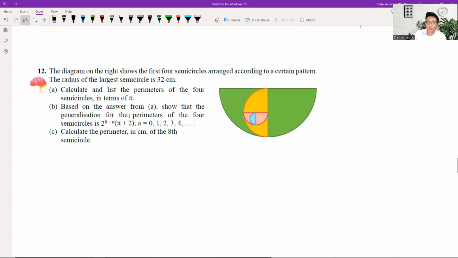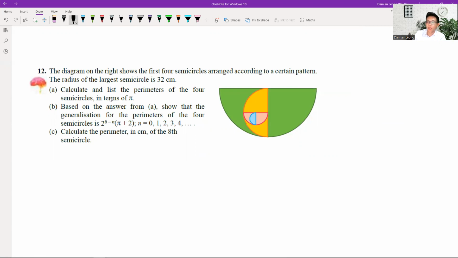Then question 12 here. The diagram on the right shows the first 4 semicircles arranged according to a certain pattern. The radius of the largest semicircle is 32 cm. So it keeps becoming smaller like that.